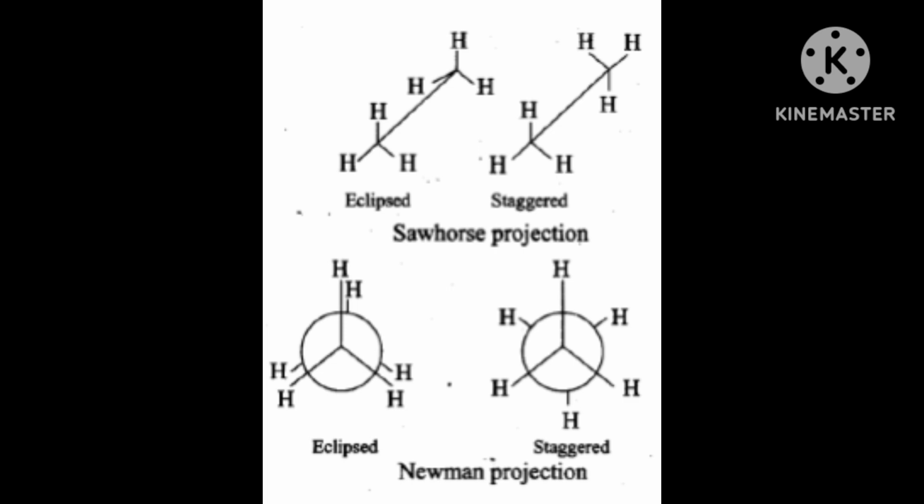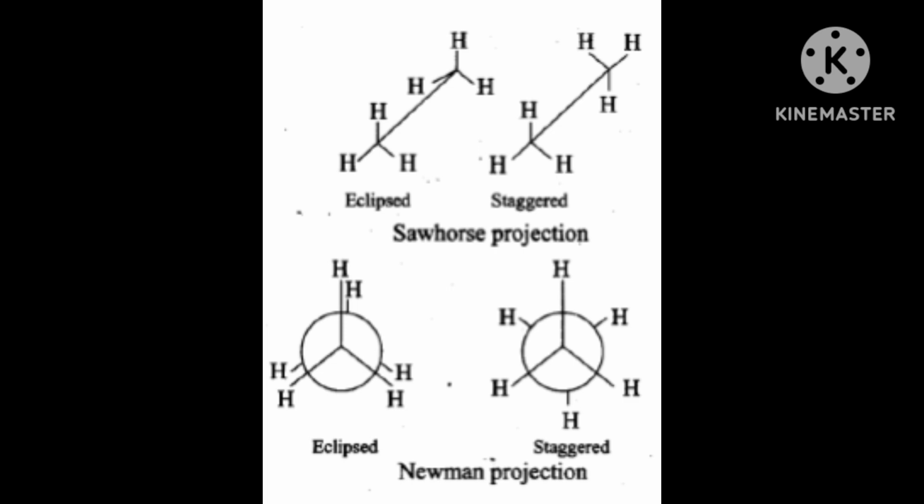Again, important: the double bond is shorter in bond length. Its bond length is only 134 picometer, 10 to the power minus 12 meter. The double bond is shorter than the carbon-carbon single bond, whose bond length is 154 picometer.